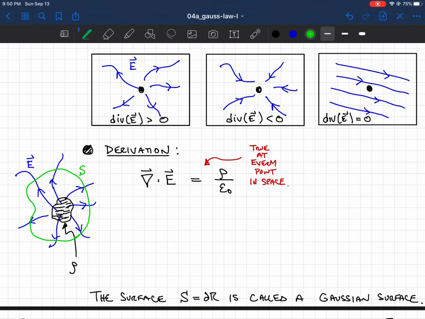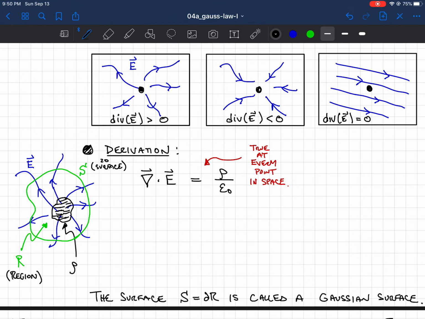Imagine this is a two-dimensional surface which encloses a three-dimensional volume. Inside of here, I can call this region R. So this is region R, and this is a surface. It's a 2D closed surface that encloses the region R.